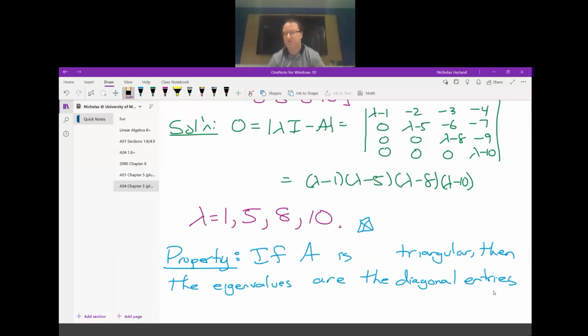That's what makes this property true. So it works for lower and upper triangular matrices. In other words, triangular matrices are really nice for finding eigenvalues, which shouldn't be a surprise. Triangular matrices have been nice since chapter 1.